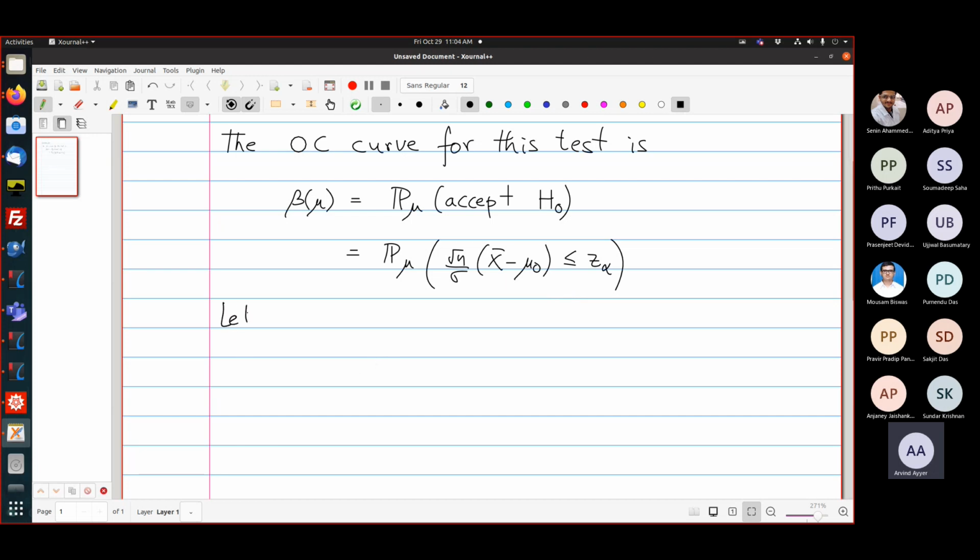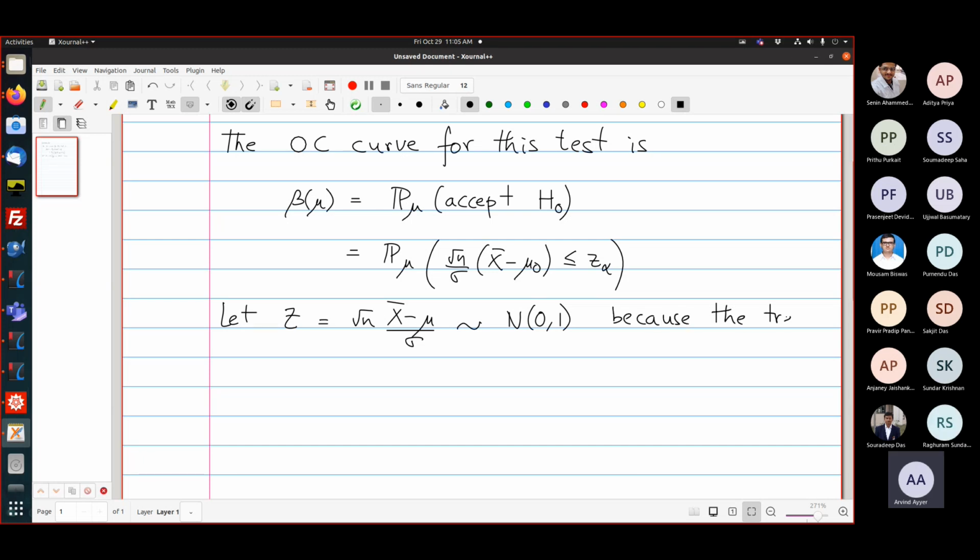So let Z be square root of n times (X bar minus mu) by sigma. This is a standard normal random variable because the true mean is mu.